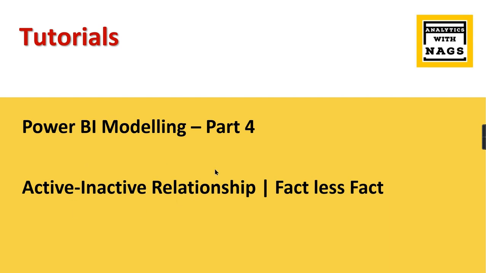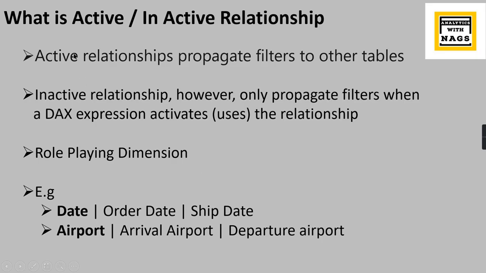Let's begin with today's topic. So what is an active or inactive relationship? Let's talk about active. An active relationship propagates filters to other tables. When you create a relationship between tables, from dimension to fact is one to many, the relationship basically enables you to propagate the filters.